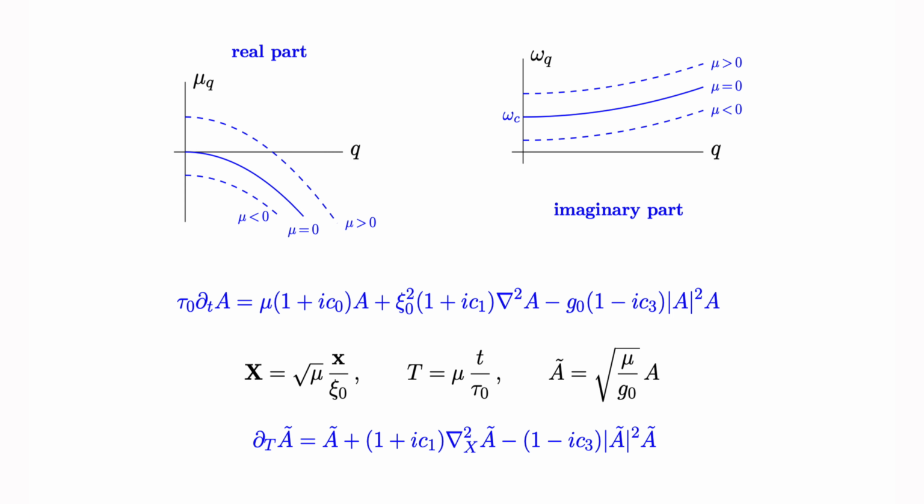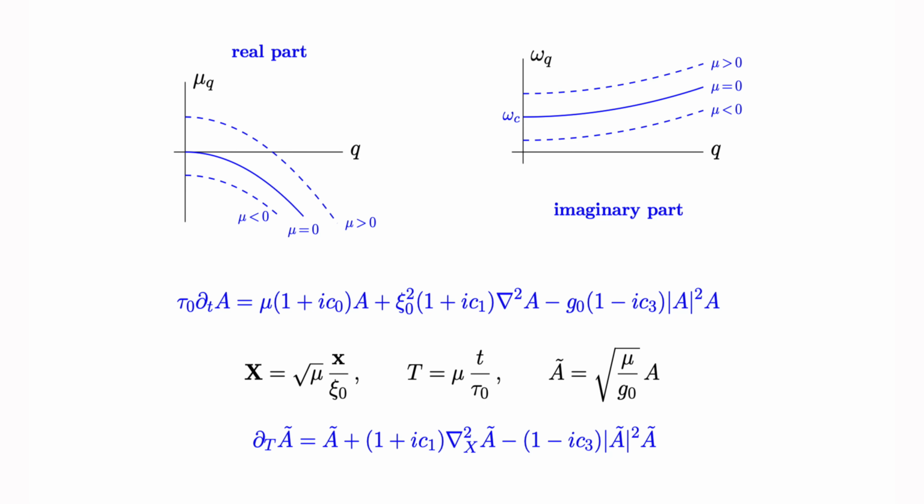So it turns out, as you introduce time, length, and amplitude scale, that this is the equation, and you should notice that there are now two parameters, C1 and C3, and they're the only ones that change the behavior of such a pattern-forming system. Okay? All right.